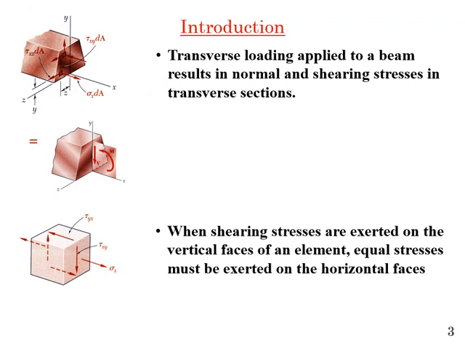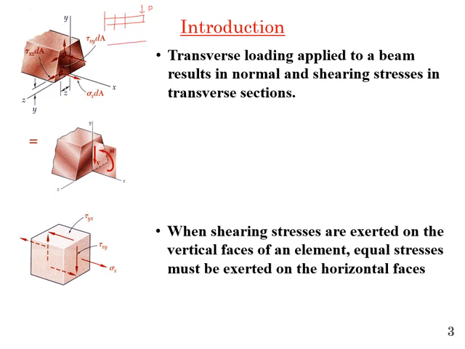For example, if I have a cantilever beam with a point load acting at the free end, and I take any section, there will be a bending moment as well as a shear force.